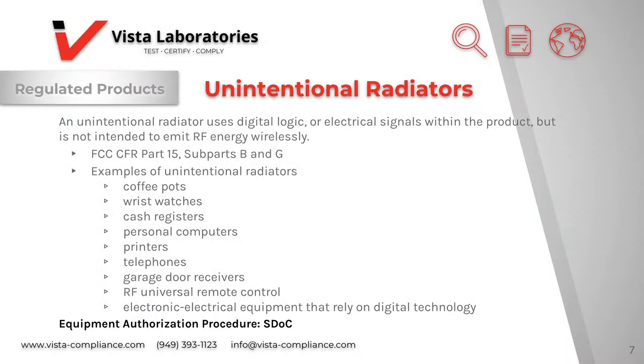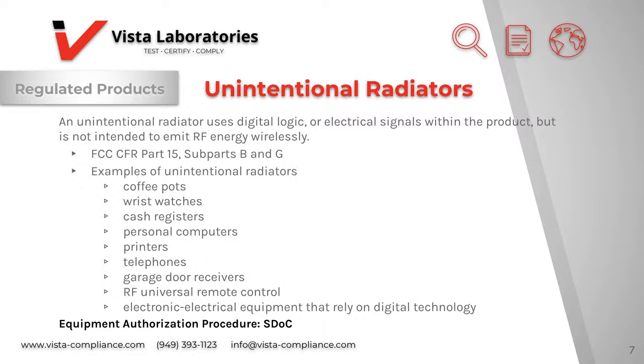An unintentional radiator is a device that by design uses digital logic or electrical signals operating at radio frequencies for use within the product, or sends radio frequency signals by conduction to associated equipment via connecting wiring, but it is not intended to emit RF energy wirelessly by radiation or induction.